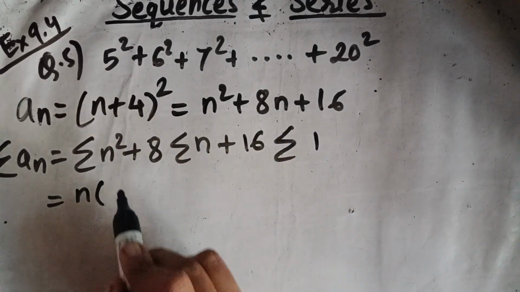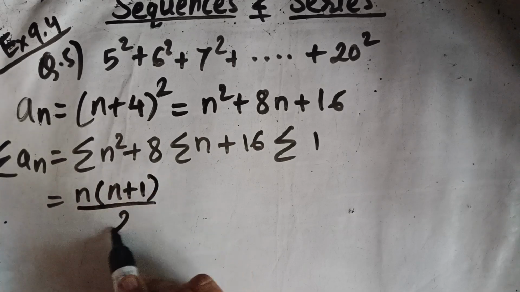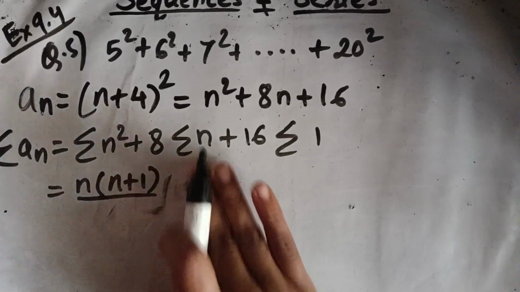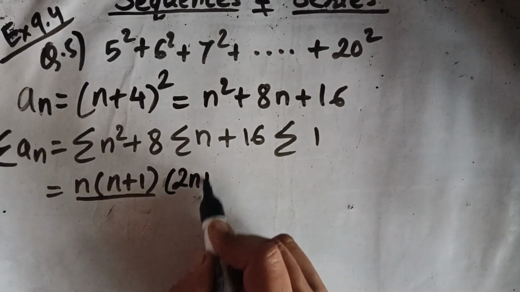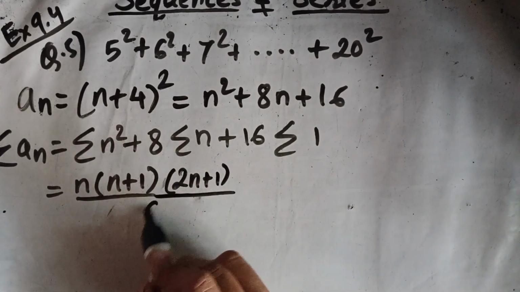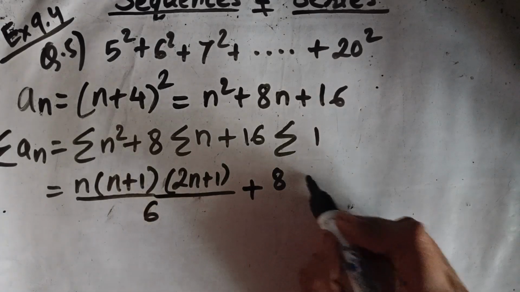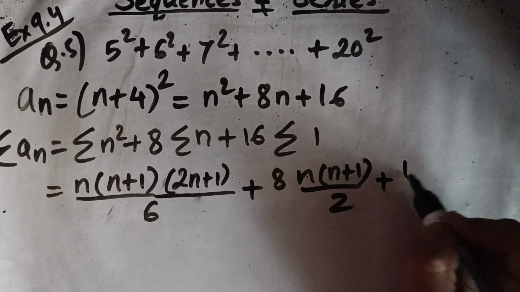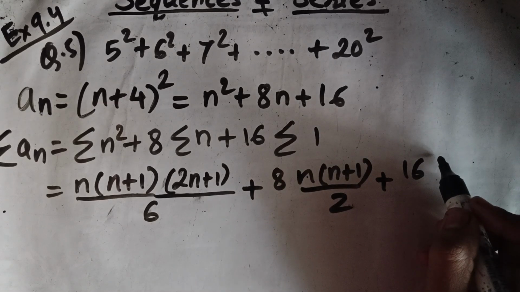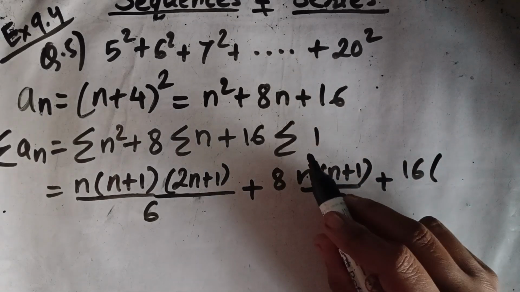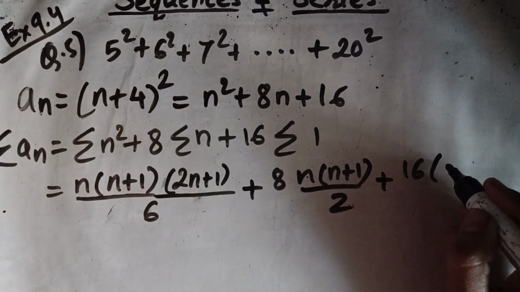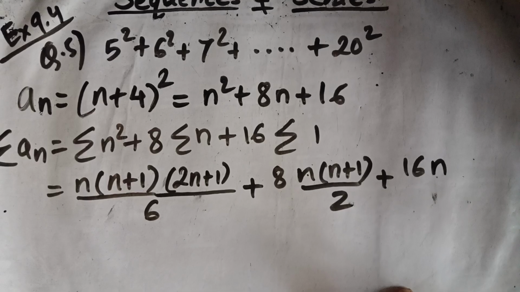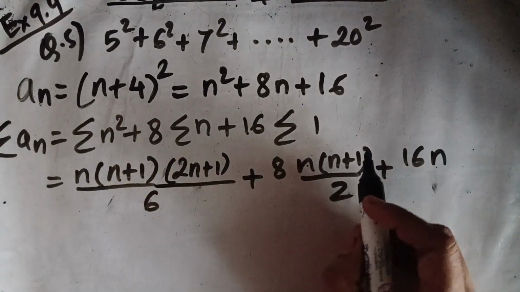So n square is n into n plus 1 by 2, 2n plus 1 upon 6, and 8 into n plus 1 by 2, and here 16 into summation 1 means this is n. 1 is added n times.